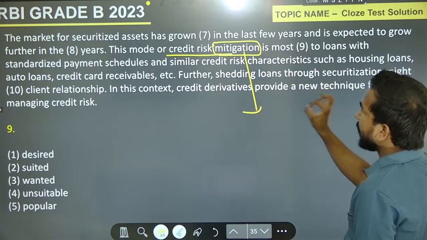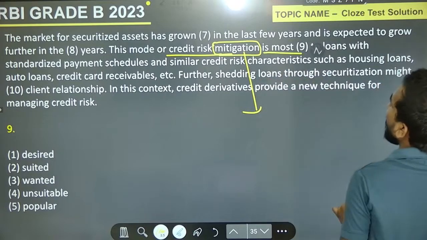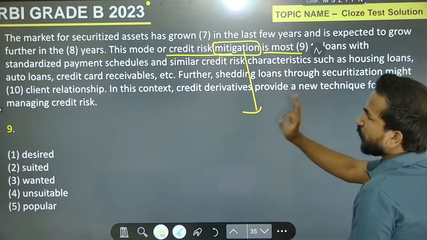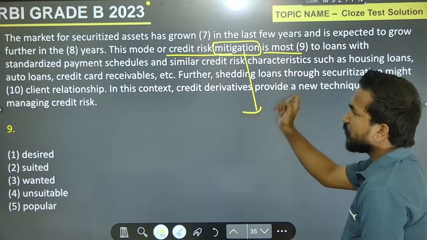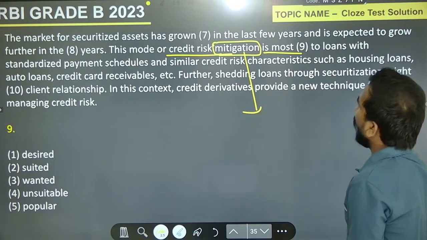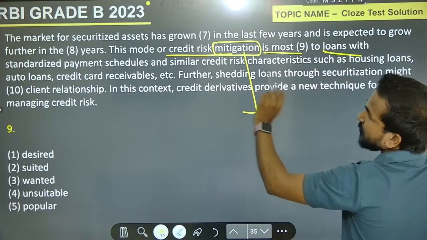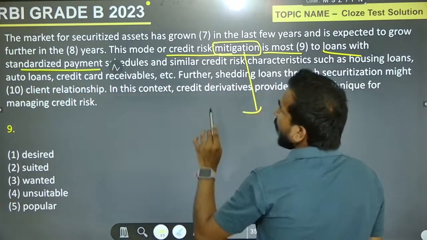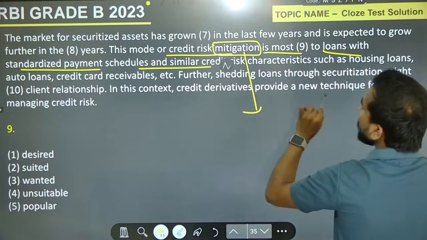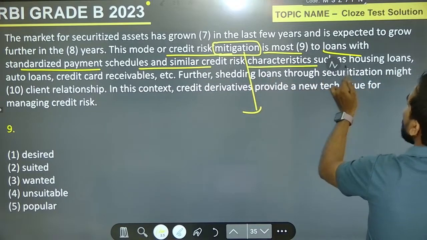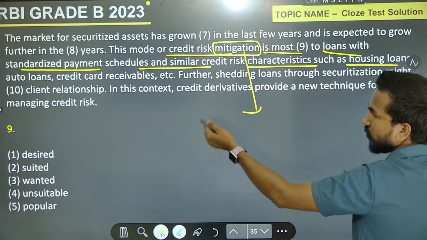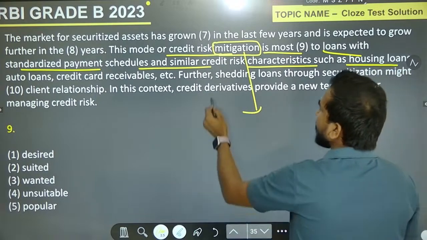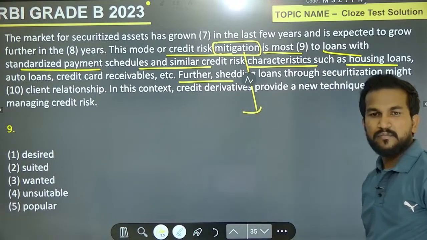This mode of credit risk mitigation is most blank to loans with standardized payment schedules and similar credit risk characteristics such as housing loans, auto loans, credit loans, receivables, etc. Go for it.